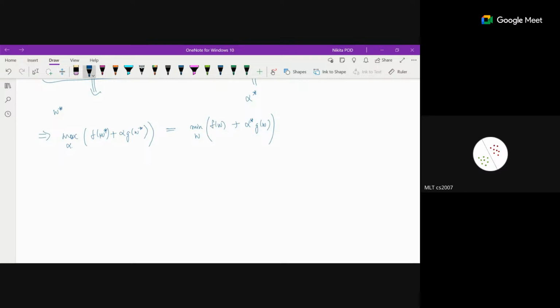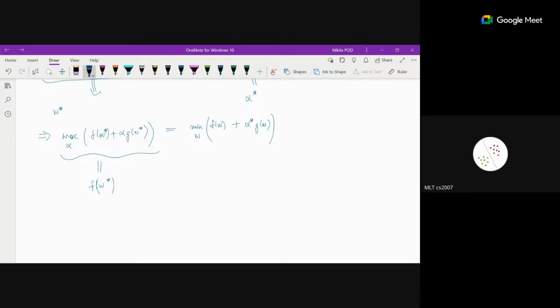And from there, we had found that this maximization, max of f(w star) plus alpha g(w star), was coming out to be just f(w star). Because if we were assuming g(w star) to be greater than 0, then this was going to be infinity, so that is not what we wanted.